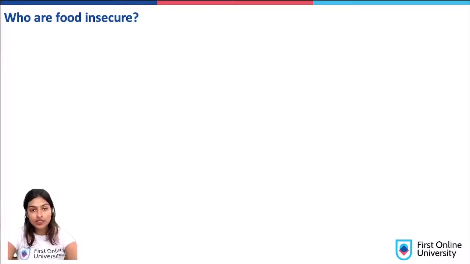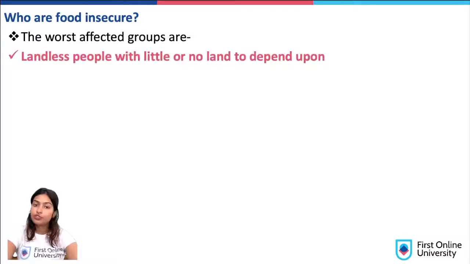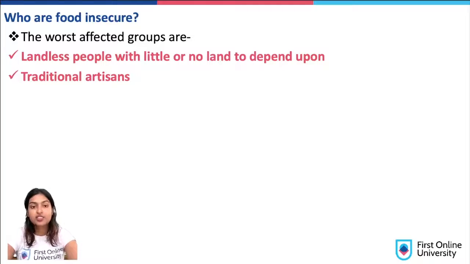So who are the ones that are the most food insecure? The worst affected groups are, first, landless people with little or no land to depend on. These people have absolutely no property of their own and hence depend on other people for their survival. You have traditional artisans such as potters and weavers, who don't have any kind of social security to go ahead and buy food grains for themselves.